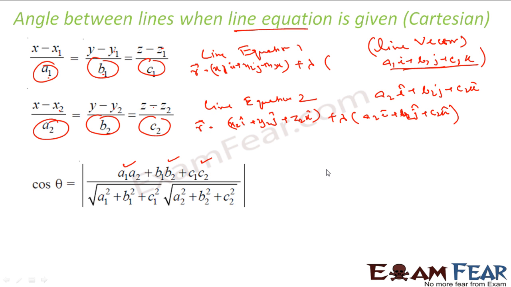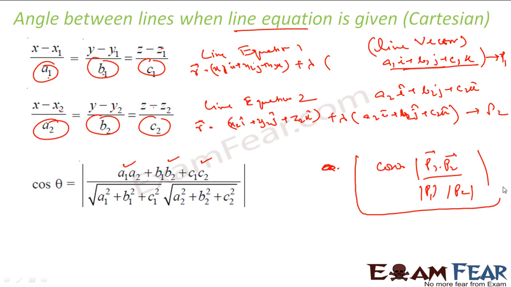Because the same thing we wrote in this fashion: if this is, let's suppose, vector p1 and this is vector p2, then cos theta is nothing but vector p1 dot vector p2 by magnitude of vector p1 magnitude of vector p2, right? Same thing is here. Vector p1 dot p2 will be a1a2 plus b1b2 plus c1c2, where p1 vector is a1i plus b1j plus c1k and p2 vector is a2i plus b2j plus c2k. Then this is cos theta.